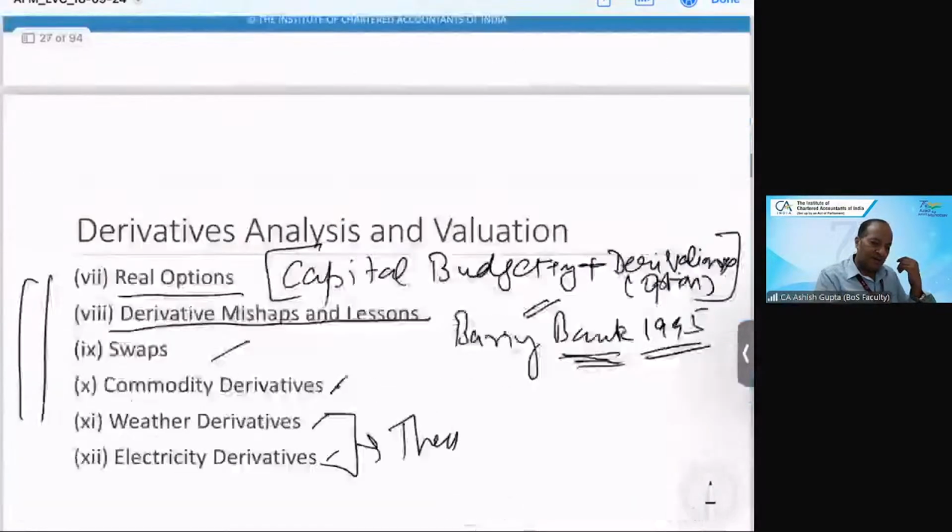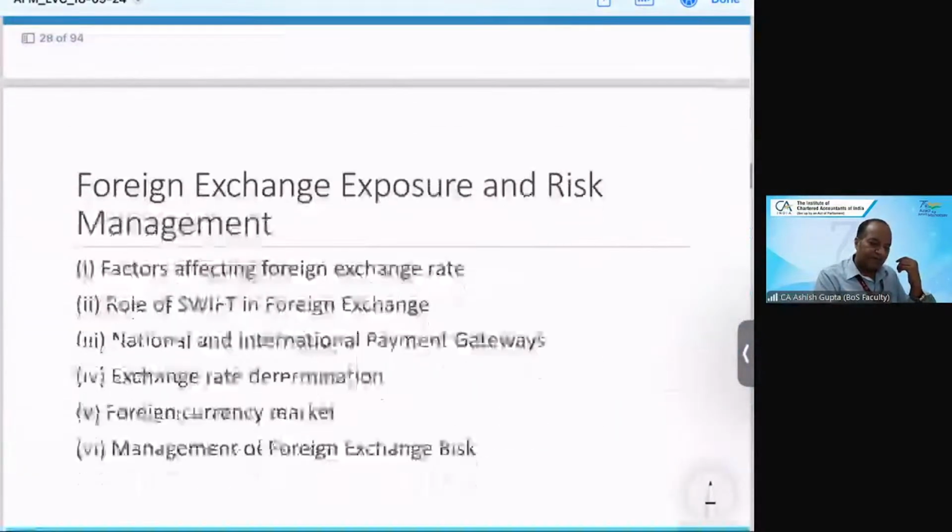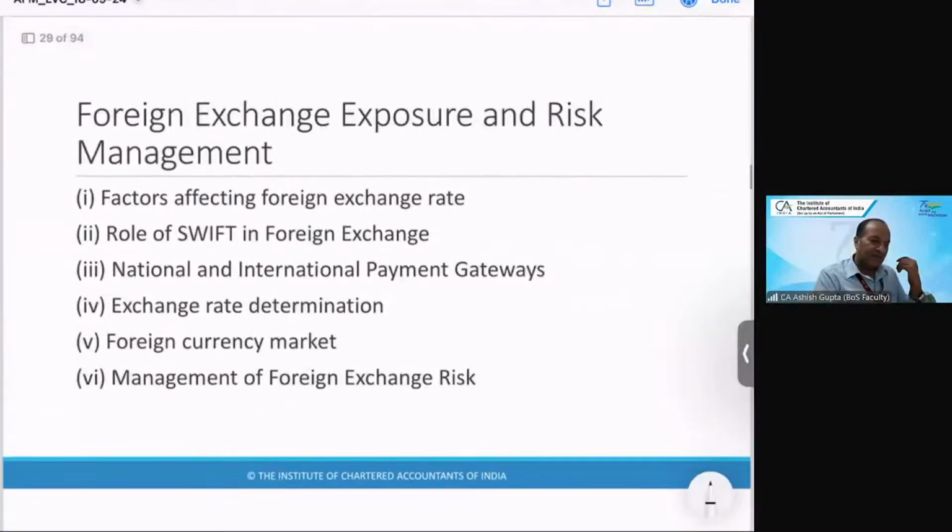But when we cover our next topic, this is Section 4, first topic. Here I will show how the derivative is linked. Now, students, when we talk about foreign exchange exposure and risk management, this topic will be new for you.